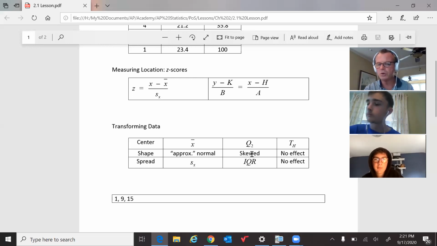If the data is skewed, yes, you should use the median as a measure of center, but you can't do this. You can't use median with standard deviation. It doesn't make sense, okay? You can't use IQR with mean. So when we slide something, it has no effect. It moves the center, but it doesn't affect the shape or the spread.